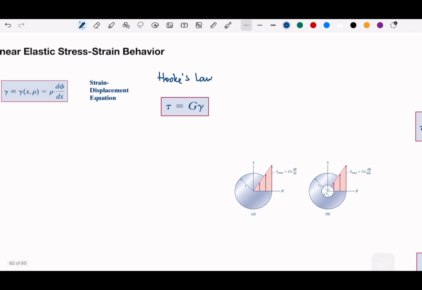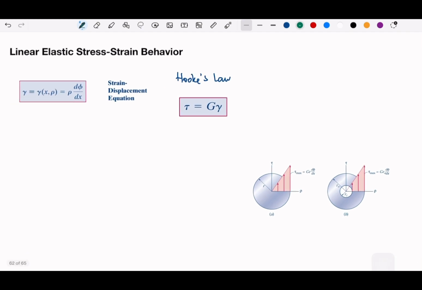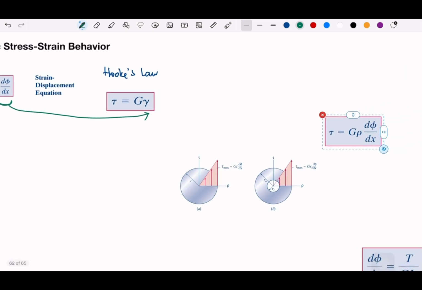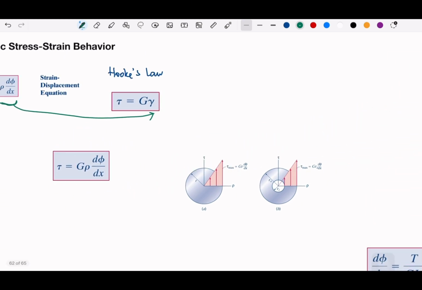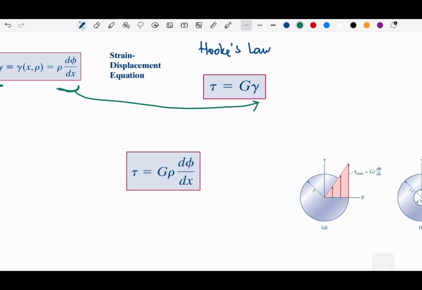And then since we have the strain displacement equations, we can use these equations and change the shear strain so that we get the shear stress is equal to the modulus multiplied by rho and the twist rate.